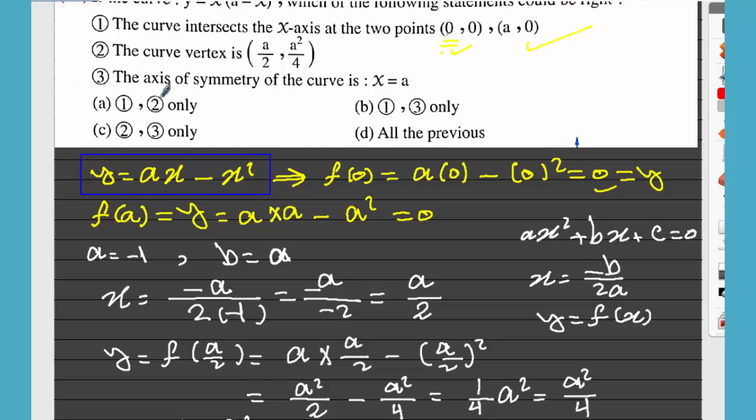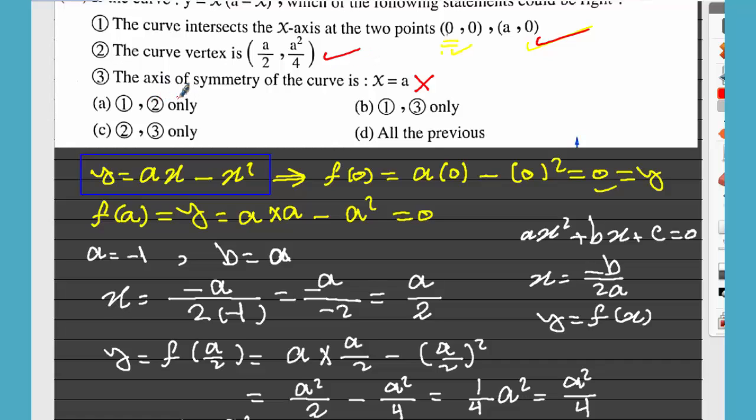Here, the axis of symmetry of the curve is x equals a. It's a wrong statement. The solution in 1 is right, and the solution in 2 also is right.